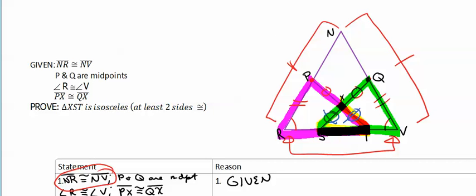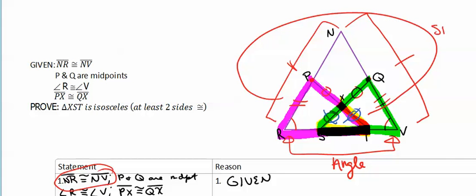So then let's look back at the top. To try to get the purple and the green triangles congruent, we know that one of the angles was congruent. We now established that a side is congruent.